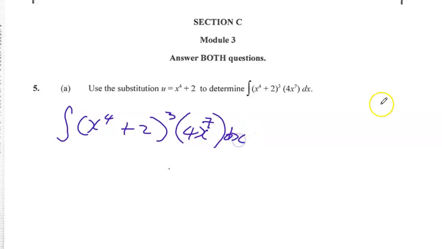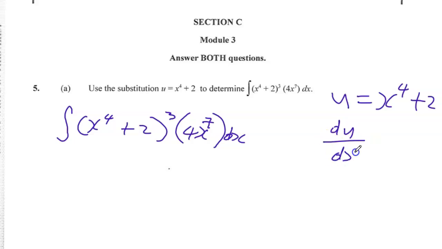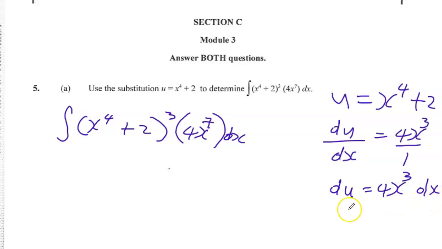Now we are using u equal to x to the power of 4 plus 2, so we just differentiate, so du by dx is actually 4x cubed. Differentiate the constant, we get 0, which means that du is equal to 4x cubed times dx.